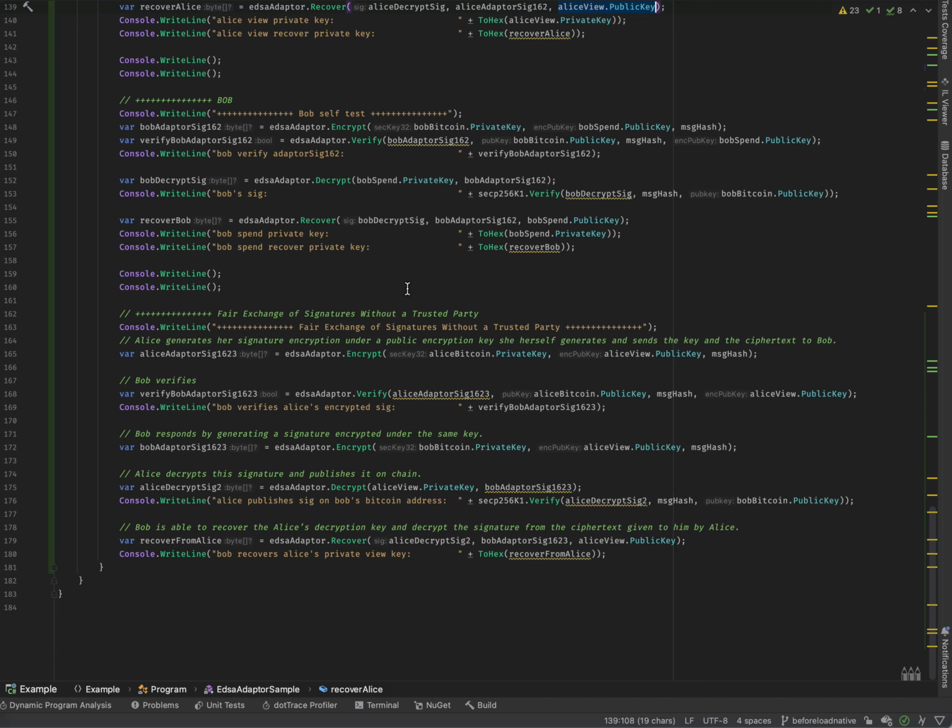What you're actually doing basically just looks like a 2 of 2 multi-sig, or just a signature that goes on chain.